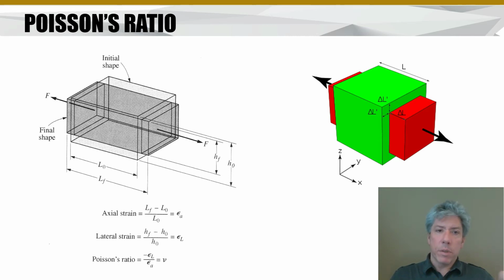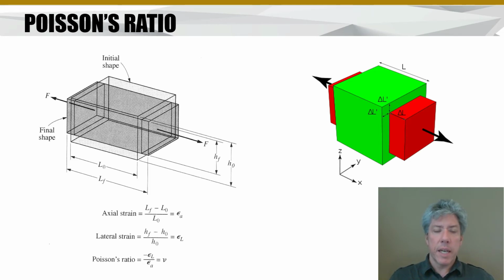Now, for lateral strain, the box that we've stretched this way is going to decrease on its side and top to bottom. Its dimensions are going to shrink a little bit. Let's just look at the height. The lateral strain on the height would be the amount of deformation on the height divided by the initial height. Understand that the final height is actually less than the initial, so technically the lateral strain we get from this equation will be negative.